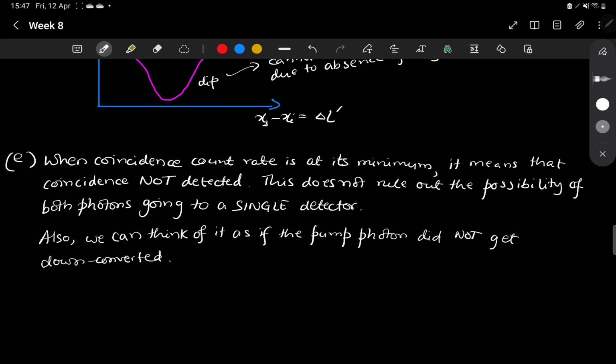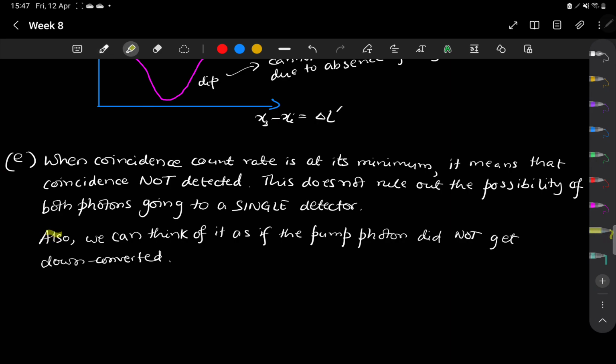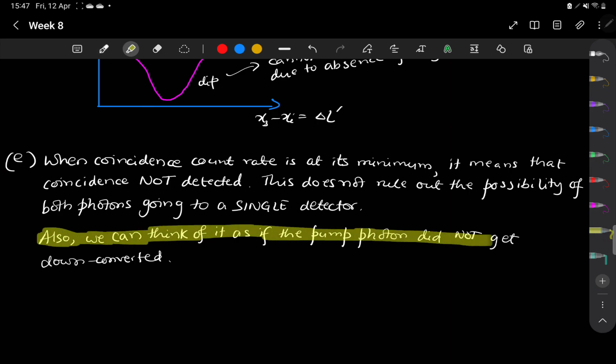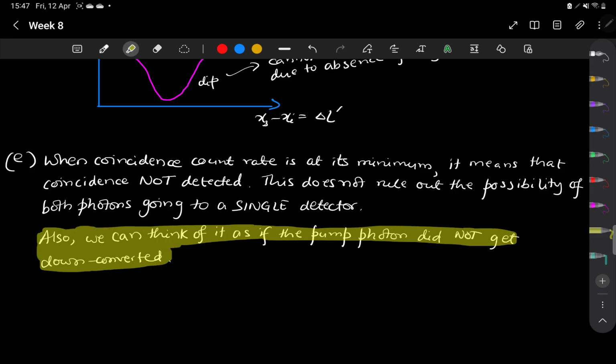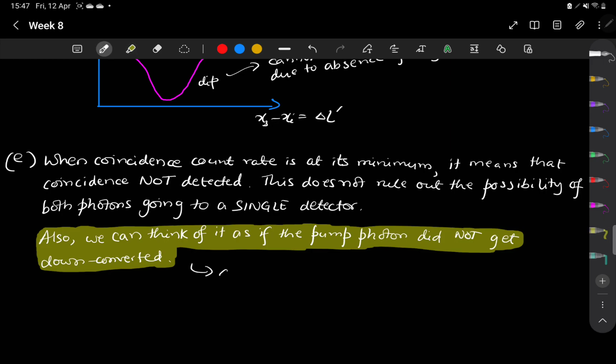And for the double pass case, we have only this particular option, because in this case, this is the situation for double pass that we discussed in this problem, and this is the case for Hong-Ou-Mandel that we discussed in the previous problem today.